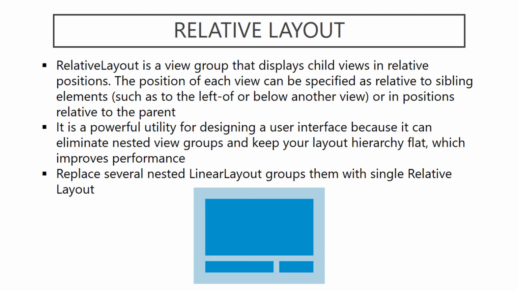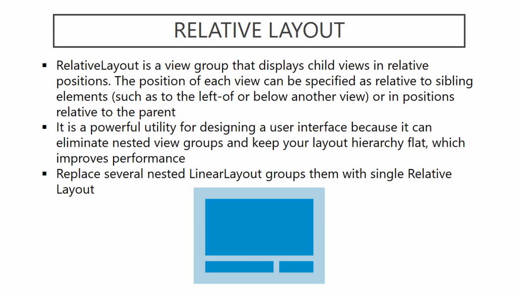Third is the relative layout, which is a view group that simply displays the child views in positions relative to each other. The position of each view can be specified as relative to sibling elements, such as left of or below another view, or in positions relative to the parent itself. It's a pretty powerful utility for designing a UI because it can eliminate nested view groups and keep your layout hierarchy flat, which improves performance.